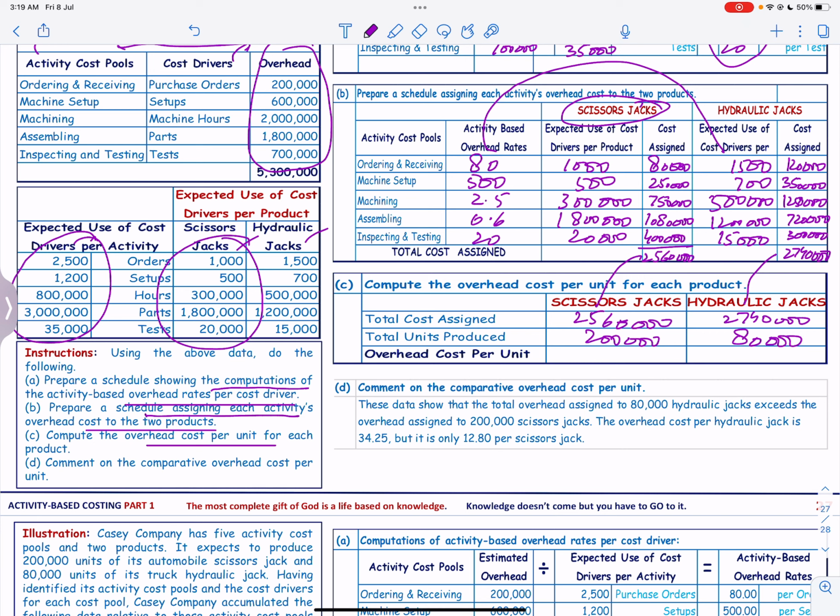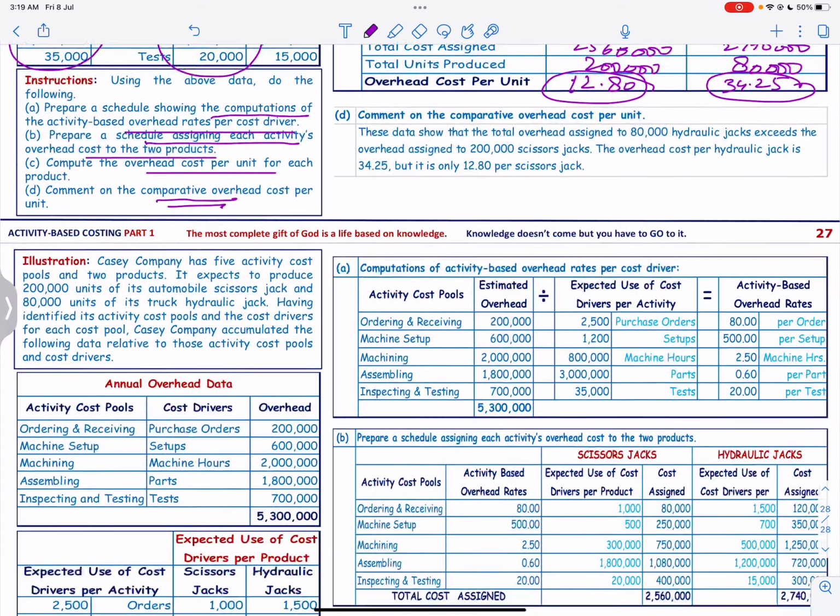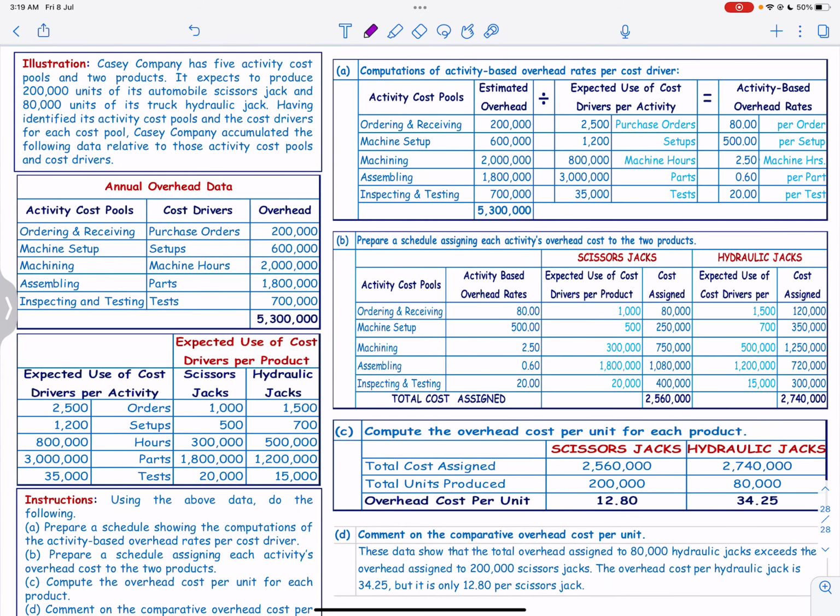So that gives us 12.8 and 34.25. Next, they ask us to make a comparison between the two, and obviously you can see that the overhead cost for hydraulic jack is 34.25 and that for scissor jack it is 12.8. So once again I have put the calculation for your convenience, and this completes our discussion on activity based costing.